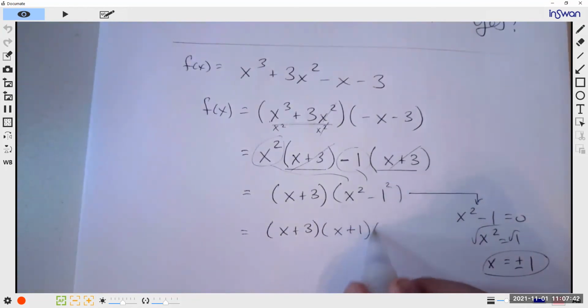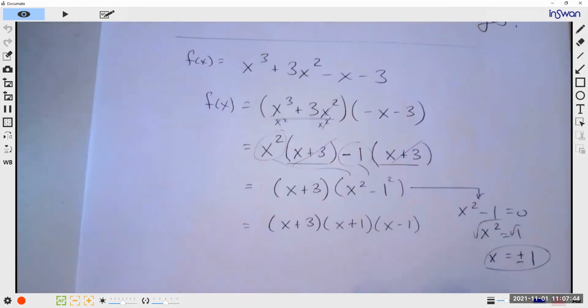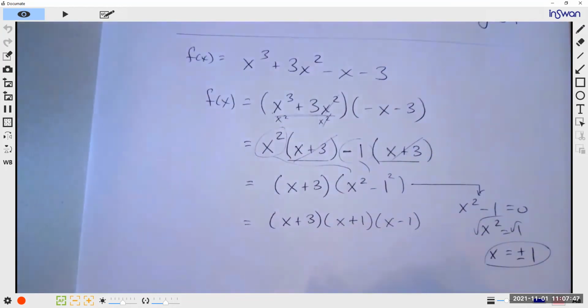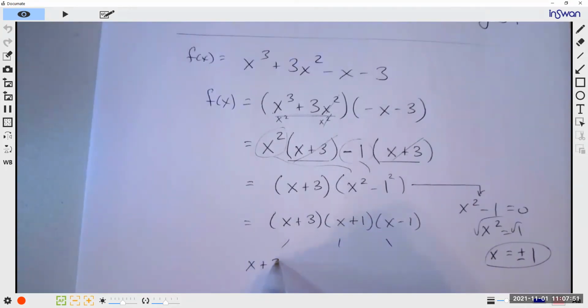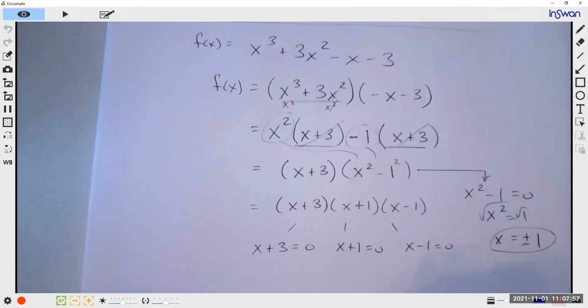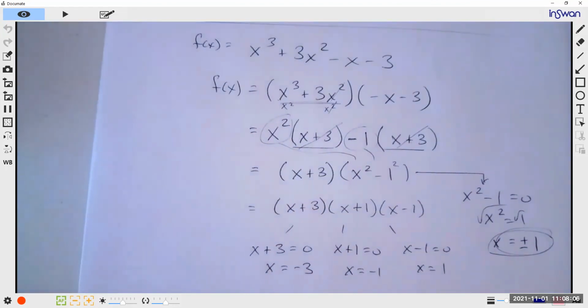So it's x plus 1, x minus 1. Set each of these equal to 0. You get -3, -1, +1. Yeah, we know 2 of them already.